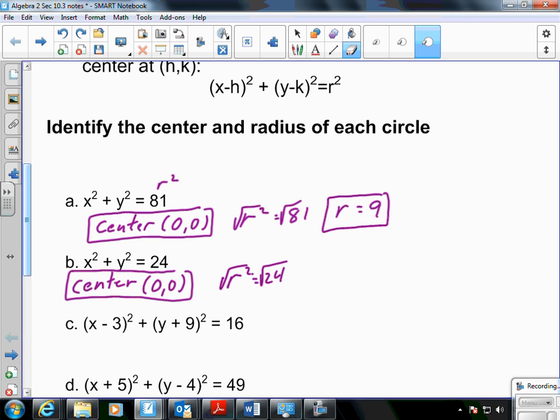Take the square root of both sides, and the radius is the square root of 24, which we always want to simplify underneath the radical if we can. 24 is the same thing as 4 times 6, and 4 has a square root, which is 2. So we can rewrite that as r equals 2 times the square root of what's left behind, which is 6.